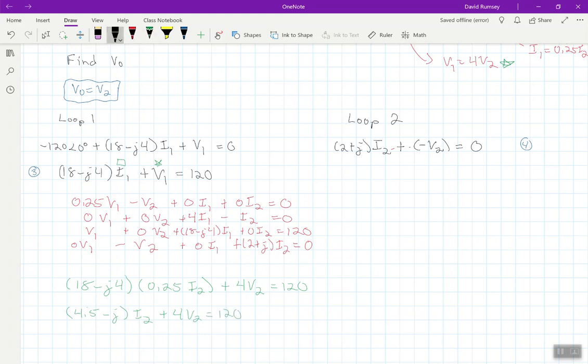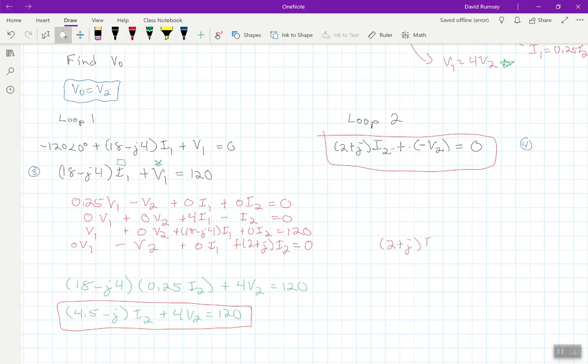Now, that hasn't necessarily gotten me to solve the equation, but now if I look here, I have this equation and this one. And so I could set up a system of equations like the following. I could do 2 plus j I2 minus V2 equals 0. 4.5 minus j I1 plus 4V2 equals 0.